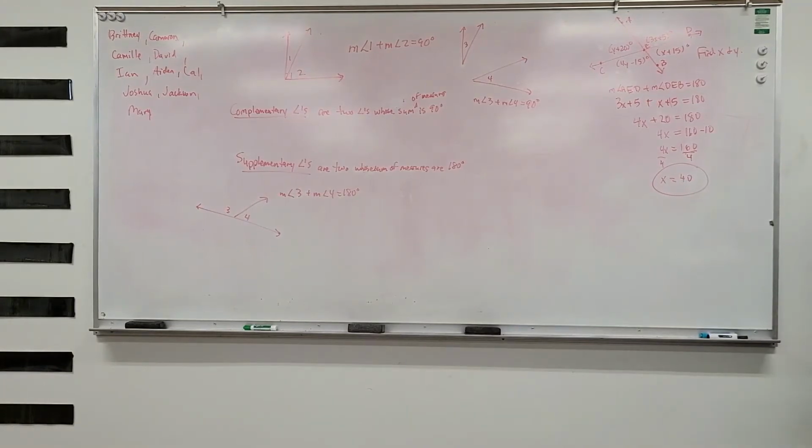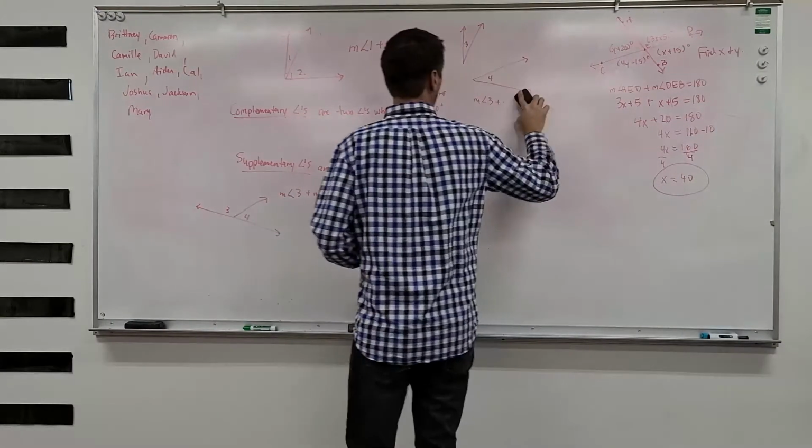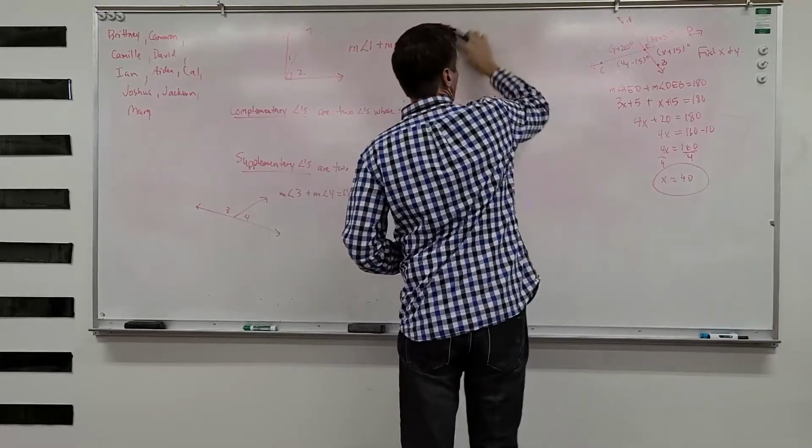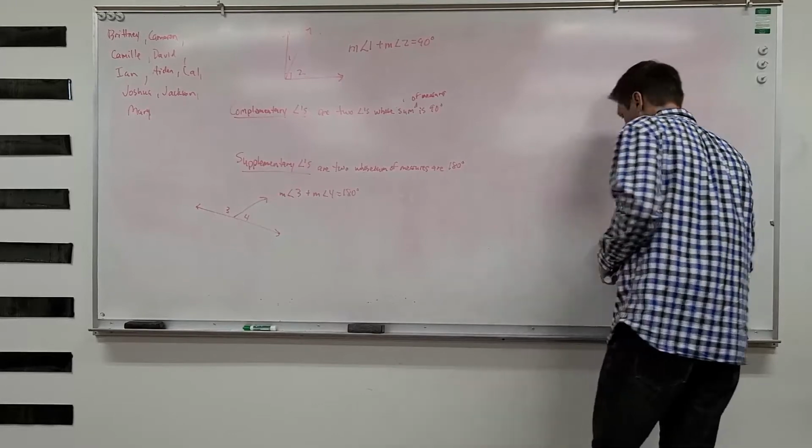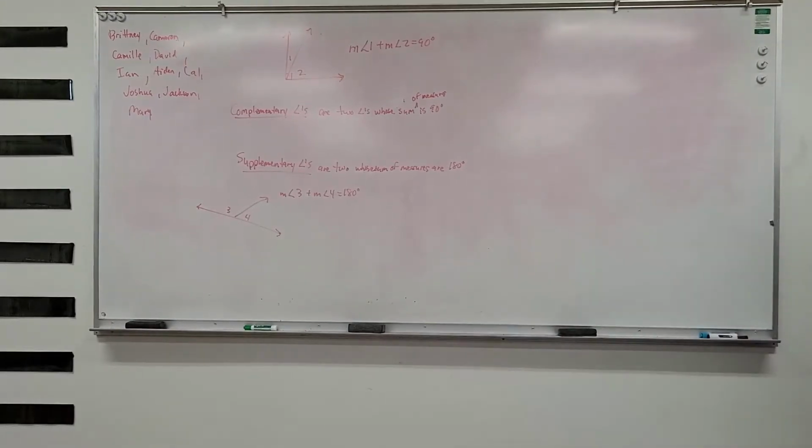Example 5 in the book on page 46 says, given that, and this is good that we're doing this one because the language here is a little different than the language in our definition. So make sure you know what they mean when they say this.